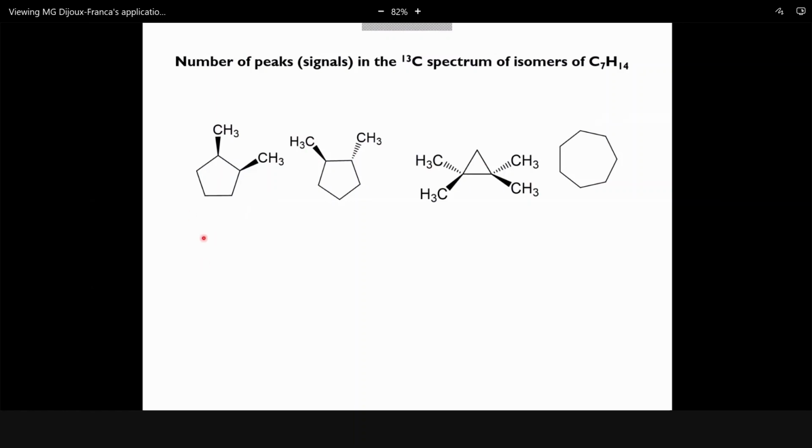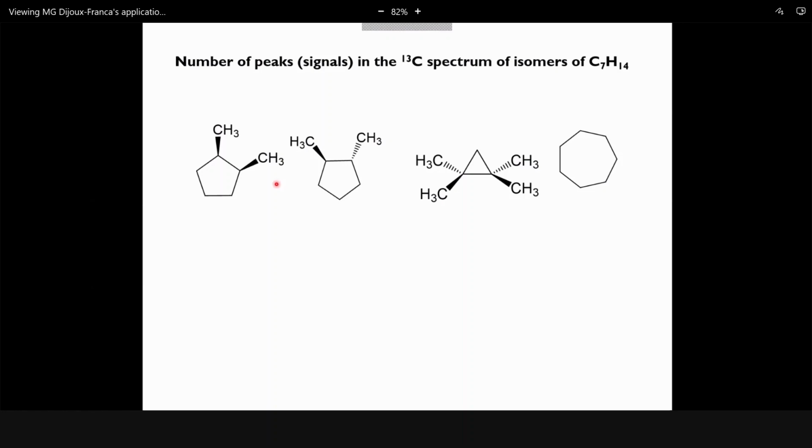Maybe we can also play a little bit with this. Remember, we talked about equivalence between protons. When protons are equivalent, they have the same chemical shift because they have the same chemical environment. Of course, it's the same for carbon 13.